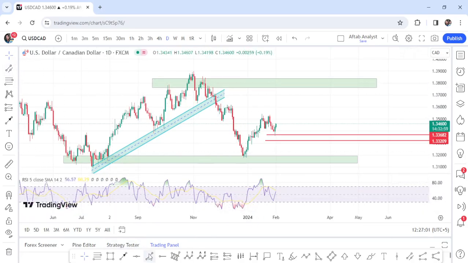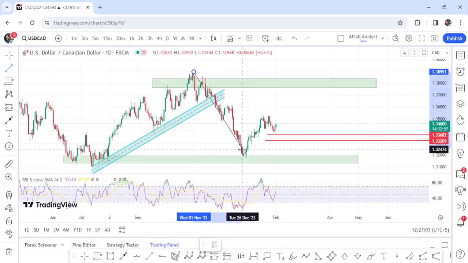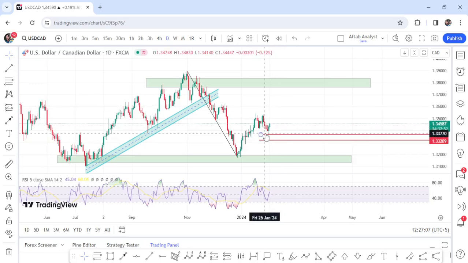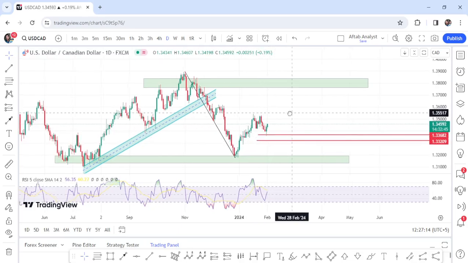So now this is going to be our impulsive wave. We traded this and we traded this, but let's say I'm just focused and trying to take a decision on what I'm going to do right here.